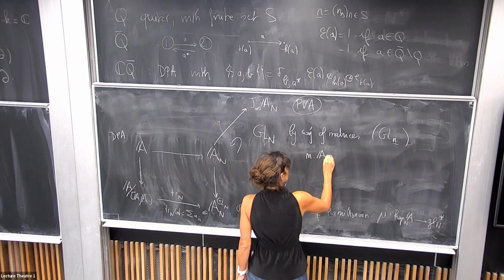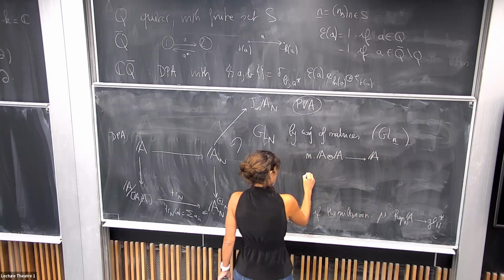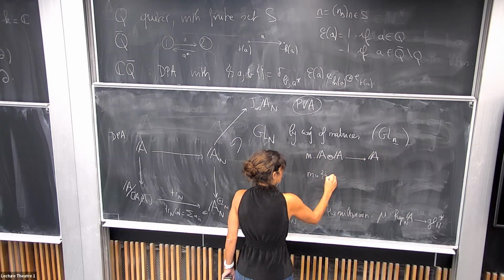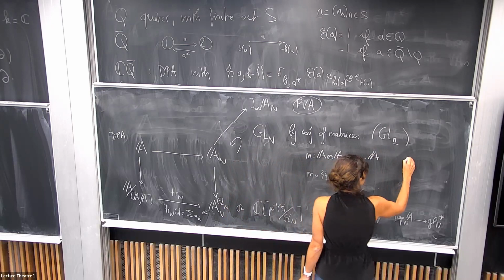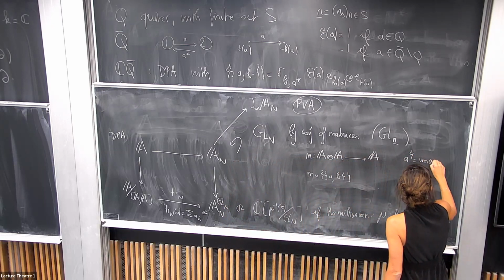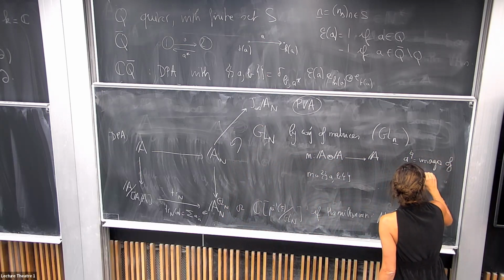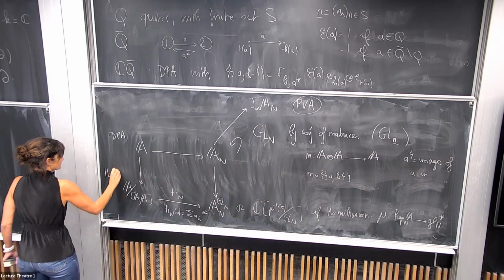it's induced by the multiplication over your algebra, and then you compose with the double bracket. Let's write a sharp, the image of A in, so this is usually written H0.